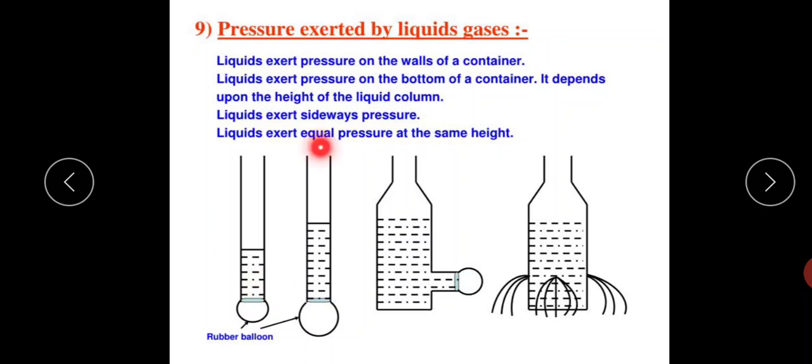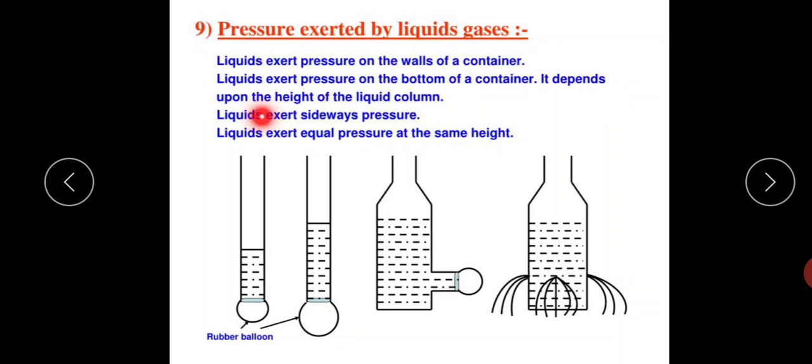And here in the second picture, you can see the water level has increased. Is the rubber balloon's size small or big? Yes, you're right. In the second picture, the rubber balloon's size has increased. Through this example, we can learn this property, that liquids exert pressure on the bottom of a container.